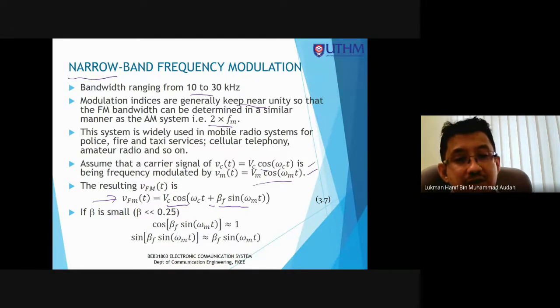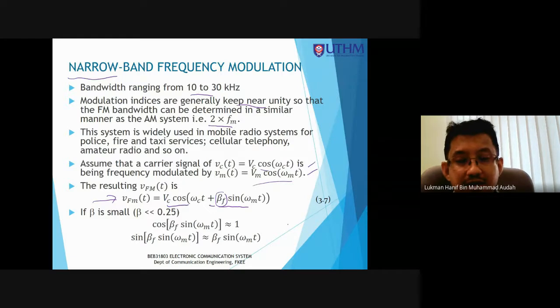Okay. So now we want to show the equations for the narrowband FM. Remember in narrowband FM, beta_f is small. Beta_f adalah kecil kerana bandwidth yang dihasilkan ini adalah kecil. Sebabnya beta_f dan bandwidth adalah saling berkait.